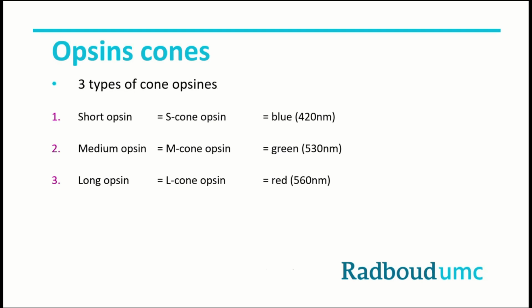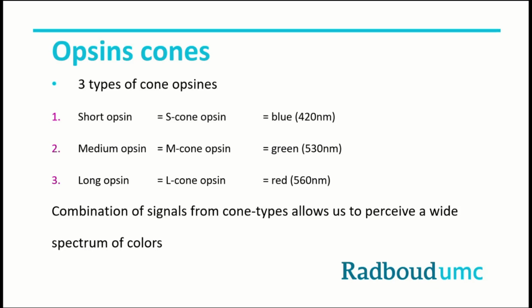These three types of opsins are the short opsin, the S-cone opsin, the medium opsin, the M-cone opsin, and the long opsin, the L-cone opsin. The combination of signals from these different cone types allows us to perceive a wide spectrum of colors.